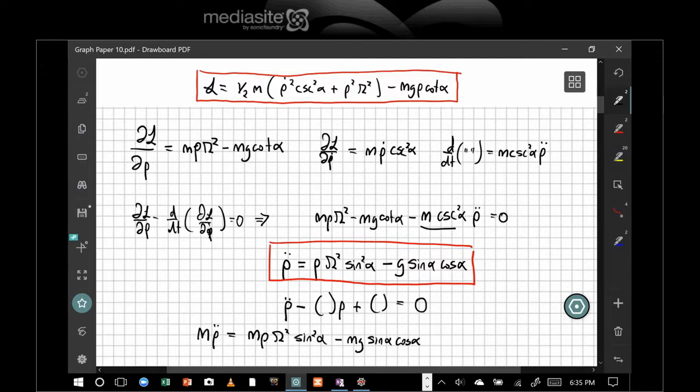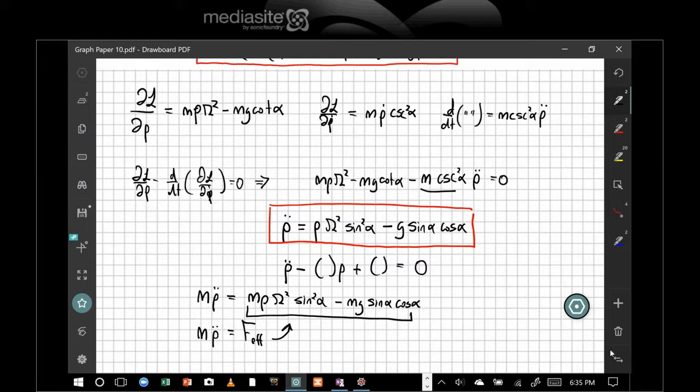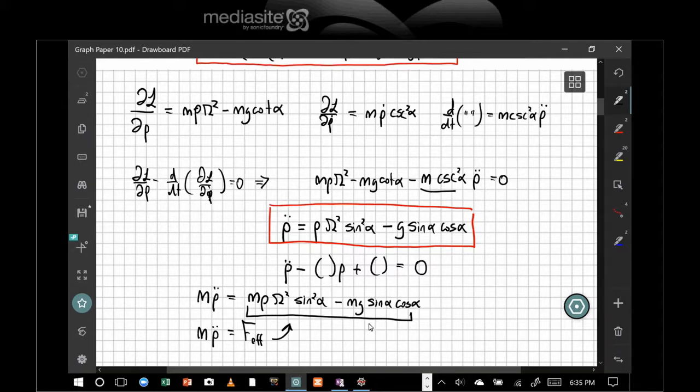Now, this looks of the form mass times acceleration, and I'm going to define this as some effective force. Now when we look at that effective force, we can plot it and try to find equilibrium positions based on that effective force. Let's do that in the next slide.